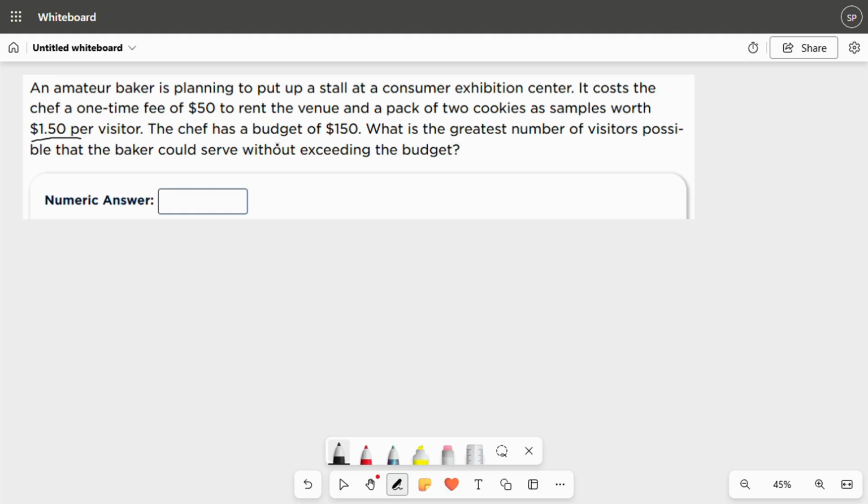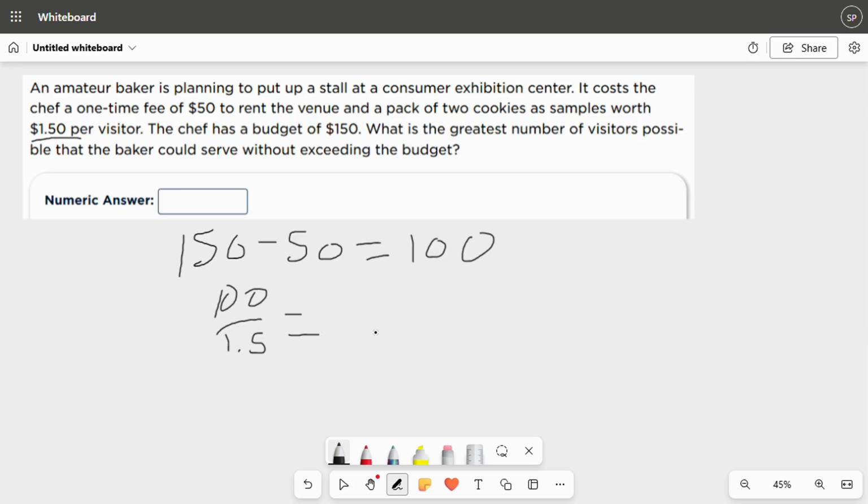So first, let's just remove the one-time fee from the budget. So 150 minus 50 is $100, so he would have $100 left. And since the samples are worth $1.50 per customer, we can do 100 divided by 1.50, and that would equal 66.66 repeating.